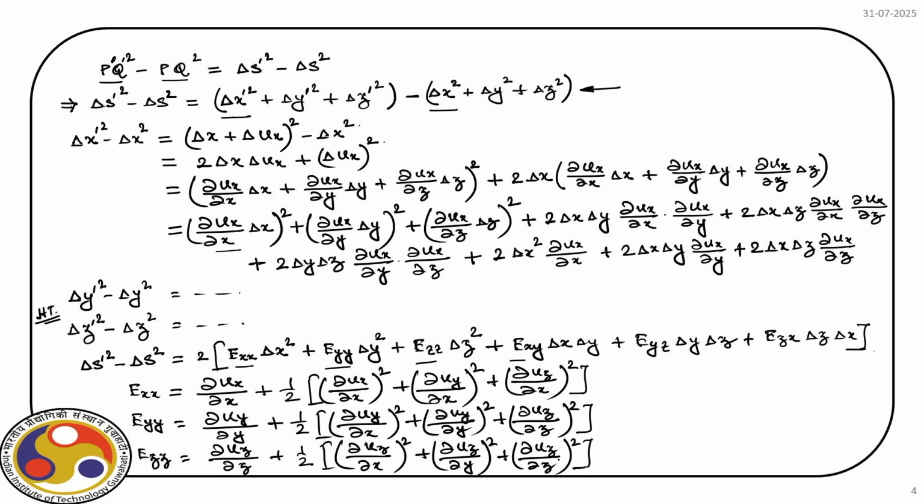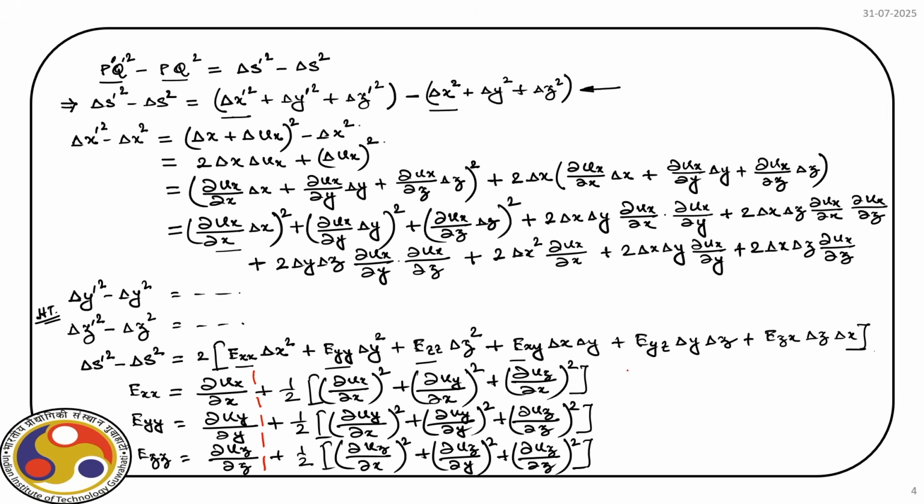So, these are the three axial strain components, and if you look at, we have the linear part as well as the higher order part. So, up to this is basically the linear part, and then beyond that we have the quadratic component, right.